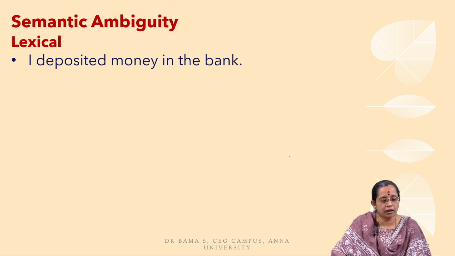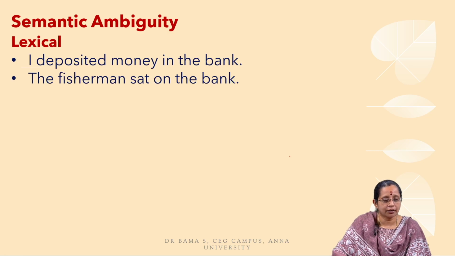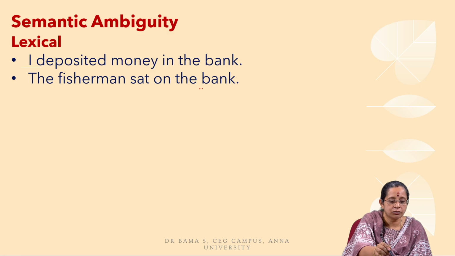Now, coming to the ambiguous nature of statements. There are many problems with the language structure, where the first portion can be either lexical or structural ambiguity. For example, lexical ambiguity: I deposited money in the bank, and the fisherman sat on the bank.